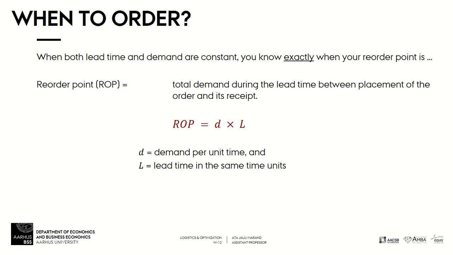The important point here is that we need to have the same time units. So if the lead time is 2 weeks, then you cannot use the yearly demand here. You need to convert it to weekly demand and then use it in this formula.